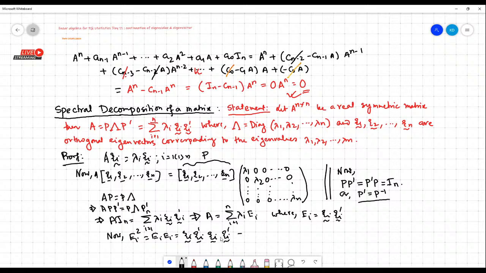Since ξ_i is an orthonormal vector, instead of orthogonal I take orthonormal.